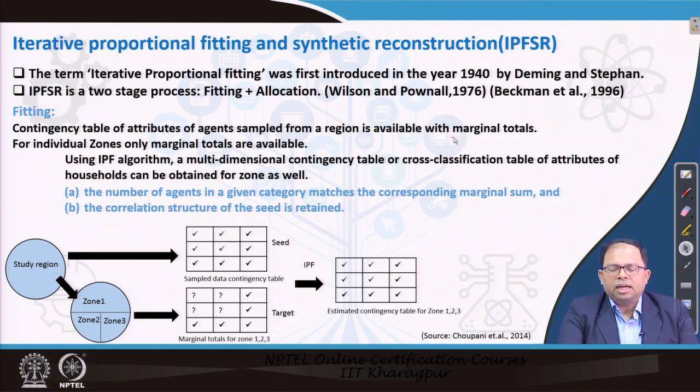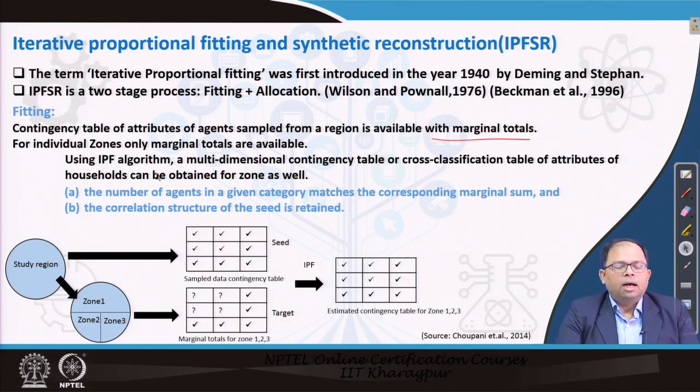This data has to be available, and for individual zones only marginal totals are available. Then, using the IPF algorithm, we have to create a multidimensional contingency table or cross classification table of attributes of households, and we can also do it for every zone. We just have to make sure that the number of agents in a given category matches the corresponding marginal sum, and the correlation structure of the seed is retained.